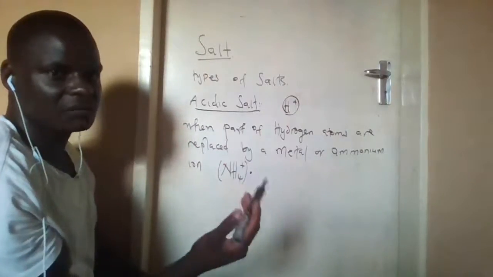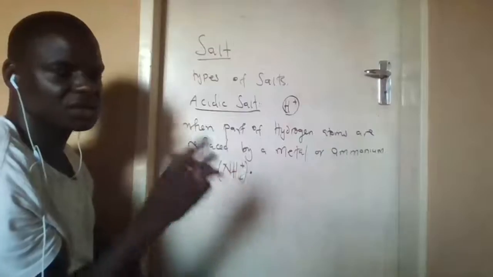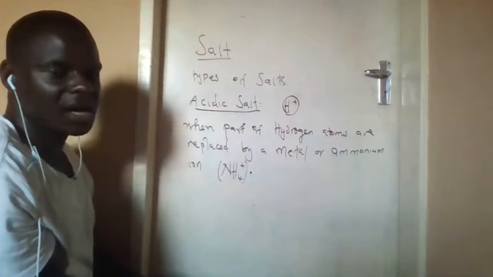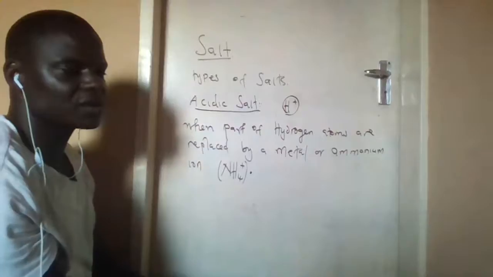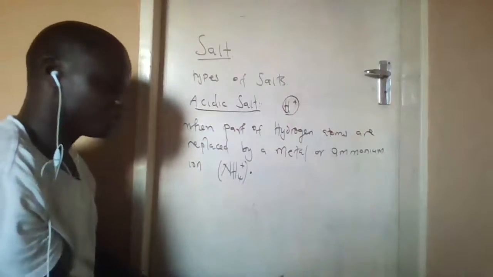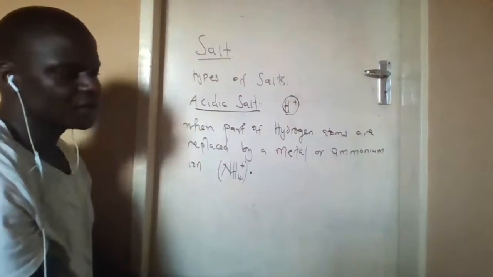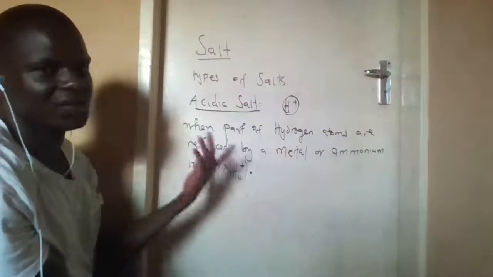What do I mean? I mean those acids that have more than one hydrogen, which form more than one hydrogen ion when they completely ionize. In short, whose basicity is more than one.